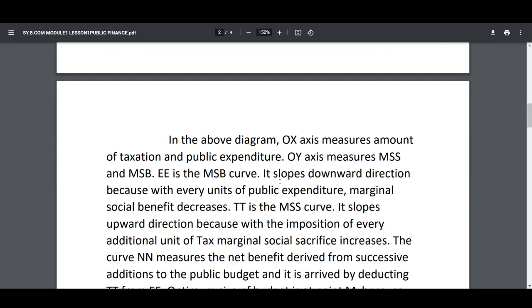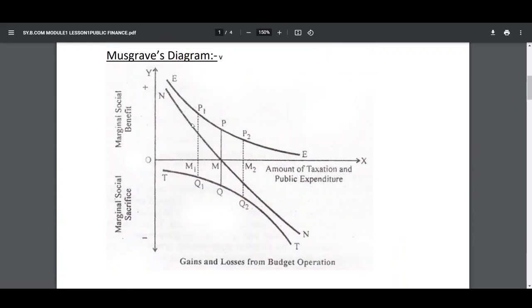Now, EE is the MSB curve, the marginal social benefit curve. And what is the shape of this curve? It slopes downwards. Why? Because it is based on the law of diminishing marginal utility.